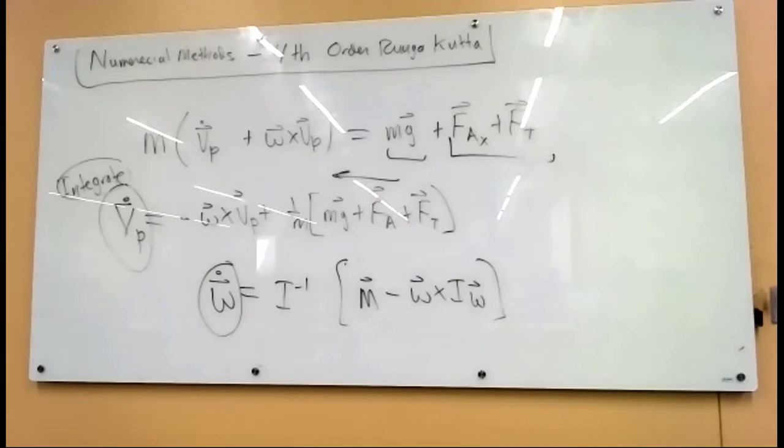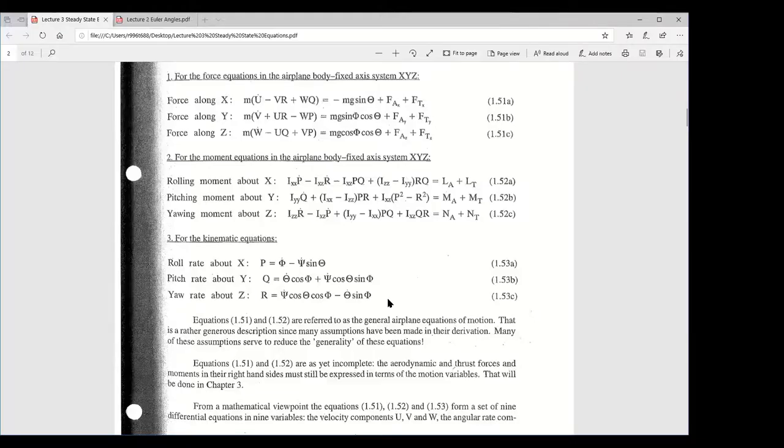There's the equation of motion again. So this is the XYZ equations that go into that first vector equation. And then this is the rolling, pitching, yawing. And let's see, I do need to share my screen, don't I? All right, there we go.